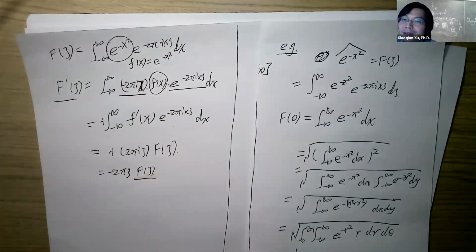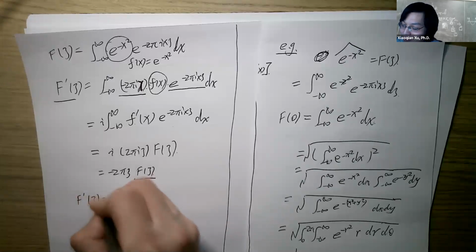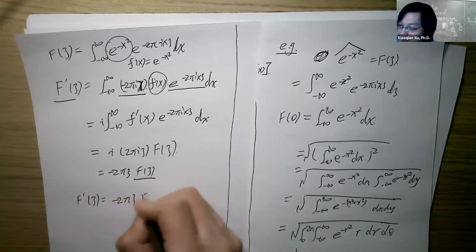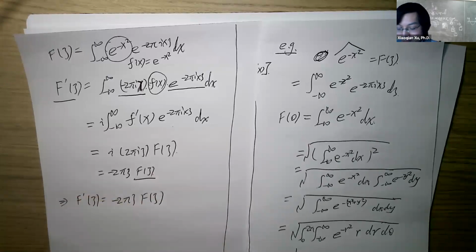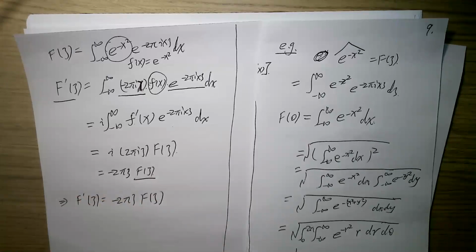We got an ODE for the Fourier transform of the Gaussian. How to solve this ODE? Any idea? Well, for this one, I think just do separation of variables and integrate both sides.